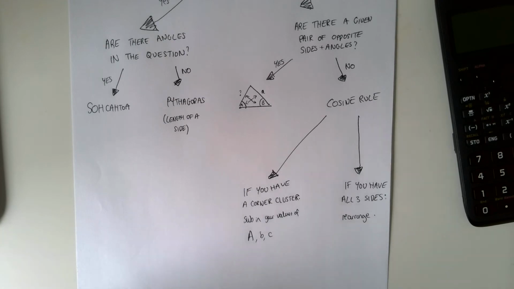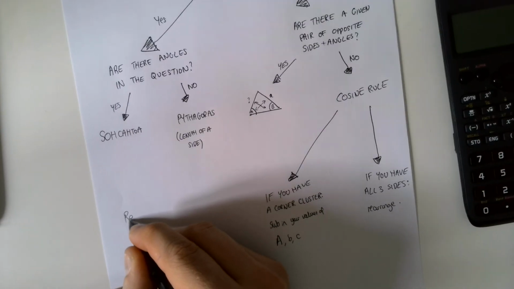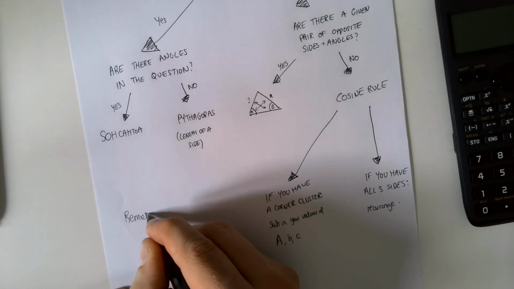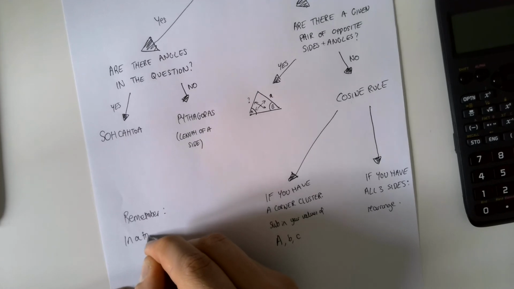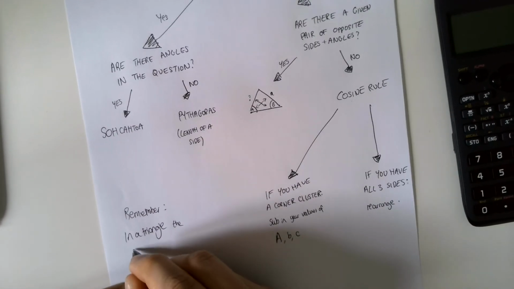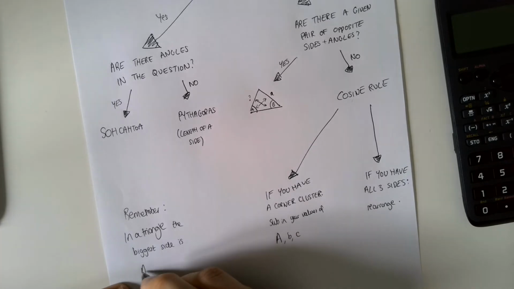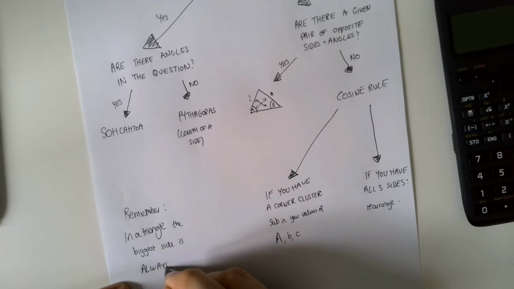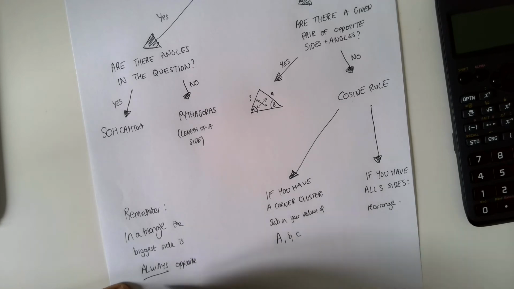Remember, in a triangle, the biggest side, the longest side, is always opposite the biggest angle.